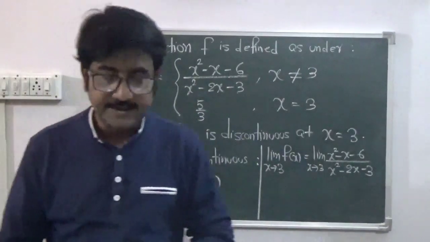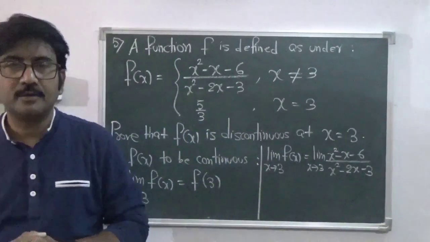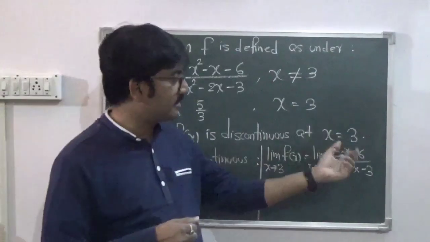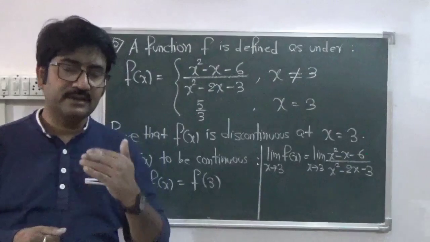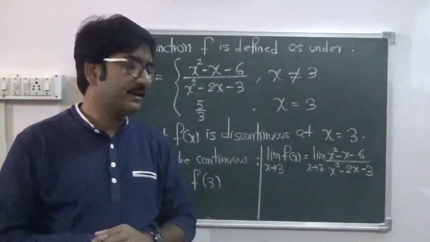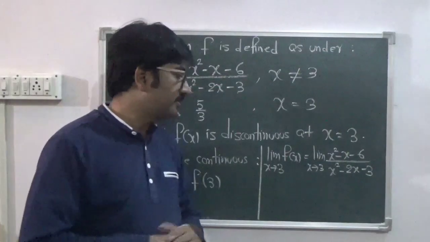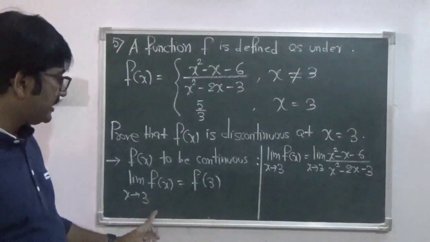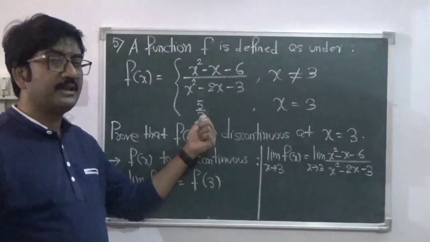So you have to get rid of this 0 by 0 form, and for that we need to factorize both the numerator and the denominator, and cancel out the common factors. Whatever is left, there we put the value of x as 3, and then check it with f(3) whether it is coming to 5 by 3 or not.